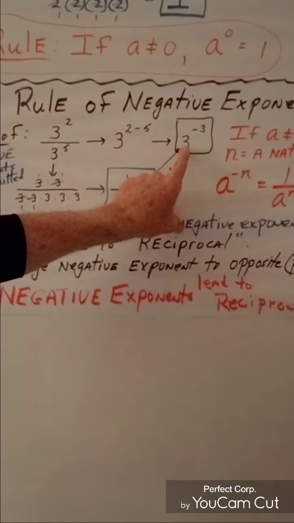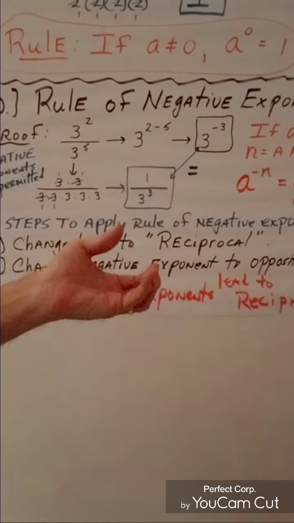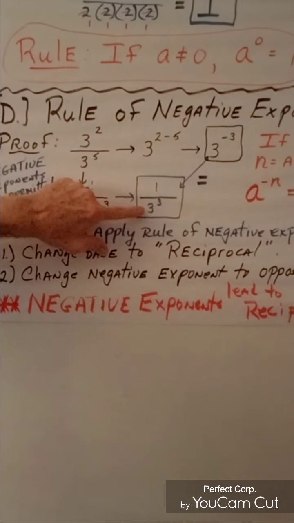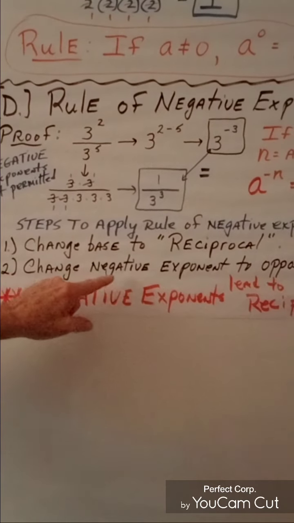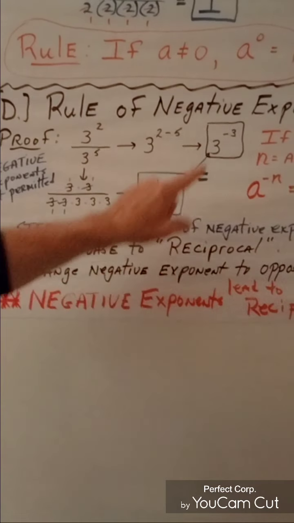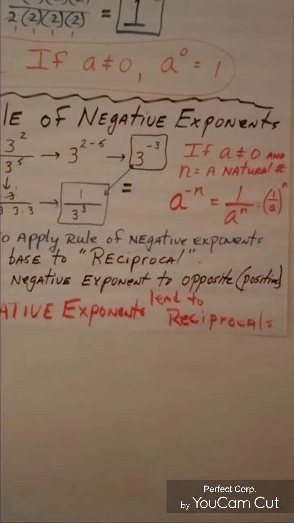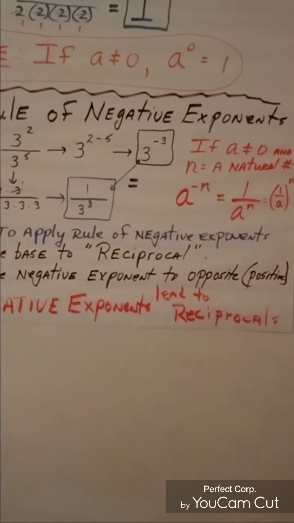So if we take this base of 3 and change it to its reciprocal, we'll get 1 over 3. And step number 2, you simply change the negative exponent, the negative 3, to its opposite, a positive 3. And you have the preferred model that we want.